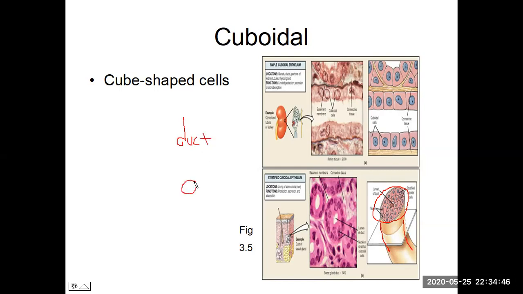And that's made of a ring, but the ring itself is made of individual cuboidal cells. So now that we have this duct structure, we can transport fluid through that duct. So if you notice here on this textbook figure, of course, they're illustrating here the pores of a sweat gland as an example. That's what I was trying to draw. The pores themselves are made of a ring of cuboidal cells, and the duct is used to transport secretions, transport fluid.